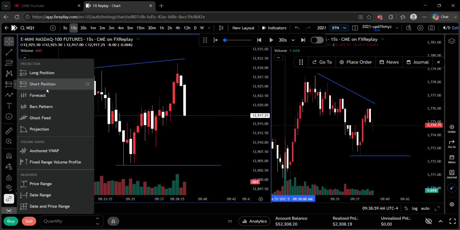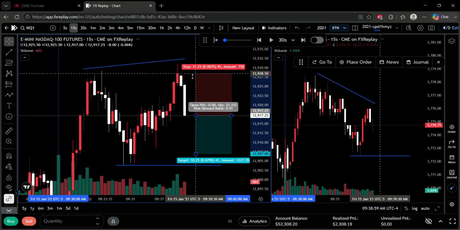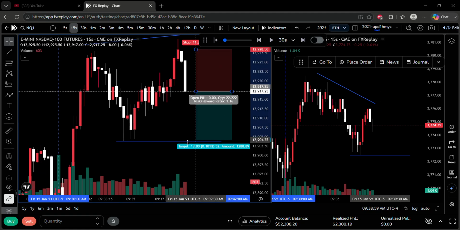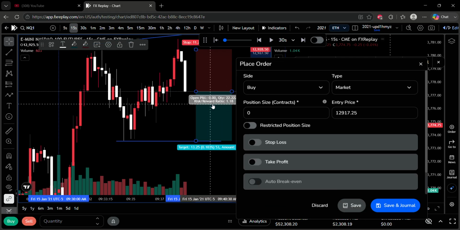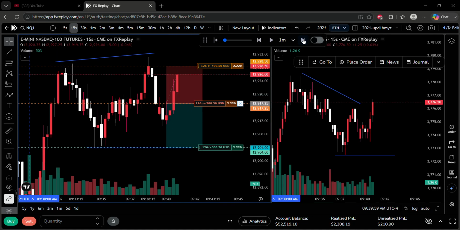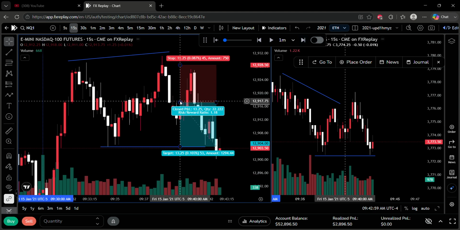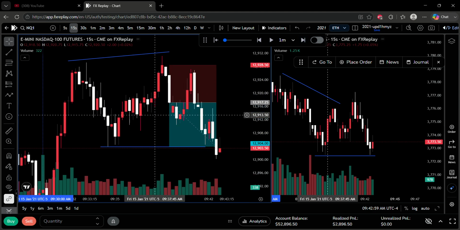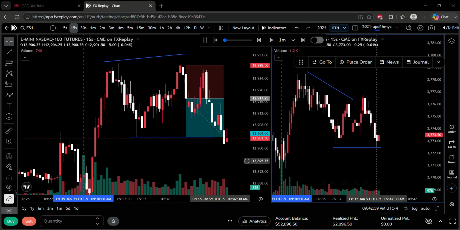A+ setup. Super A+. 1.16 just a reward. Basically 1-to-1. Should just run. That's what I thought. Beautiful.